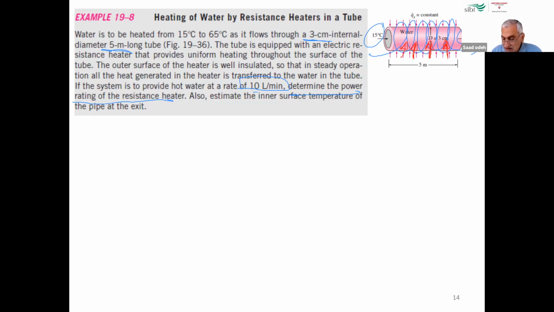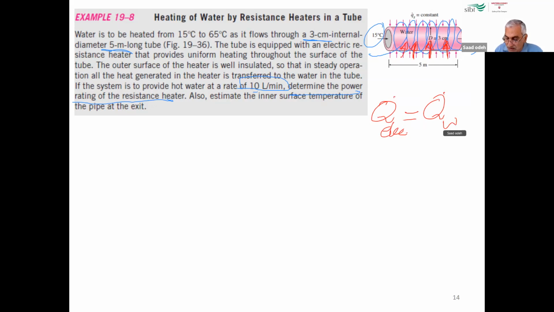So all the heat coming from the wire will be absorbed or gained by the water, which means that the heat Q dot by the electric resistance will equal Q dot gained by the water.